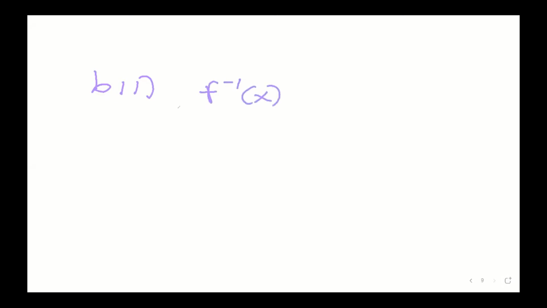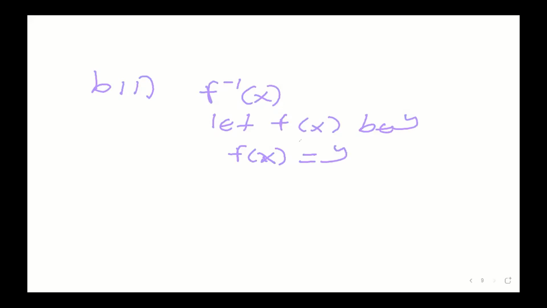When you see the inverse of any function, you have to first let that function be represented by any unknown. Therefore, let f of x be y, any unknown that you want, not that you always represent by y. You can use the first letter of your name, any letter that you want, maybe the first letter of your girlfriend's name, any. Therefore, f of x will be equivalent to y.